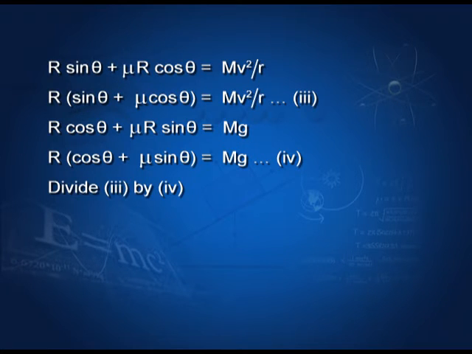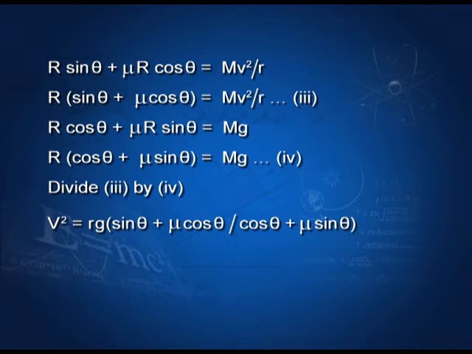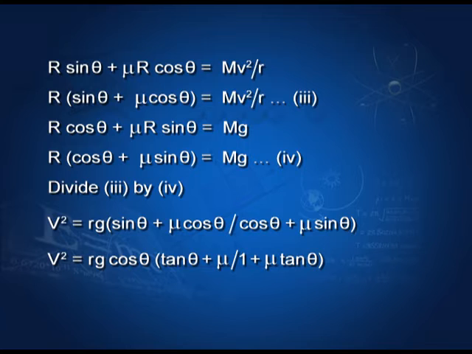If we divide equation number 3 by equation number 4, we get v square is equal to rg (sin theta plus mu cos theta) divided by (cos theta plus mu sin theta). Taking out cos theta common from numerator and denominator, we get v square is equal to rg cos theta (tan theta plus mu) divided by cos theta (1 plus mu tan theta).